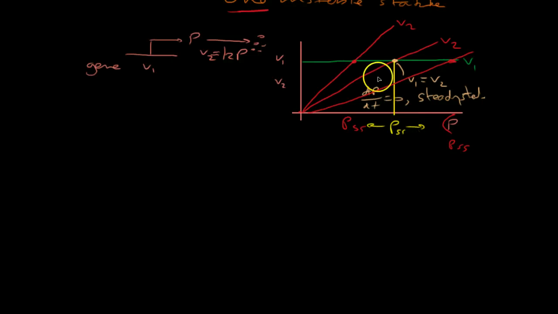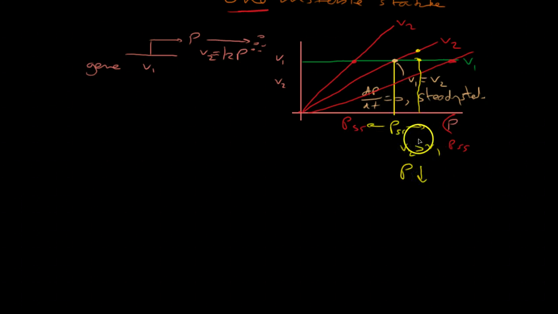Let's say I increase P a little bit, so if I move up here, I notice that V2 is there and V1 is there, and that means that V2 is greater than V1. If V2 is greater than V1, the consumption rate is bigger than the production rate, and then P will drop.